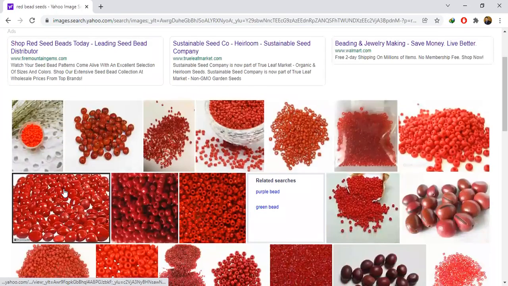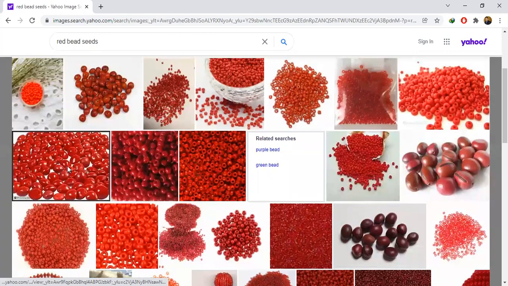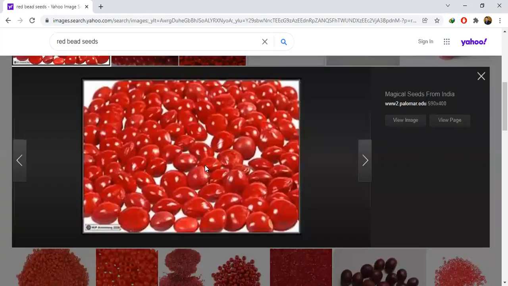In our school lives, it was one of the most attractive and playful materials, and it's an ornamental component also.